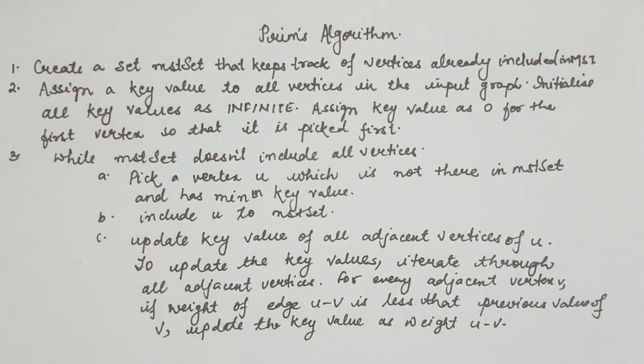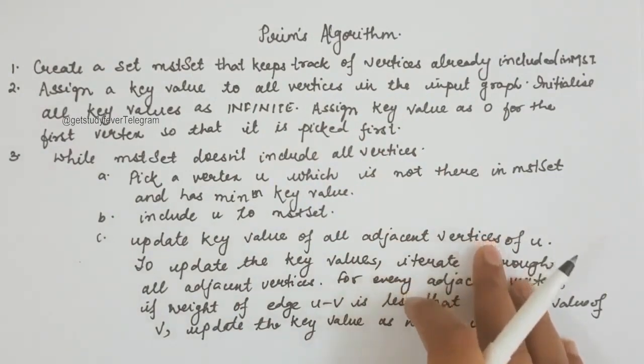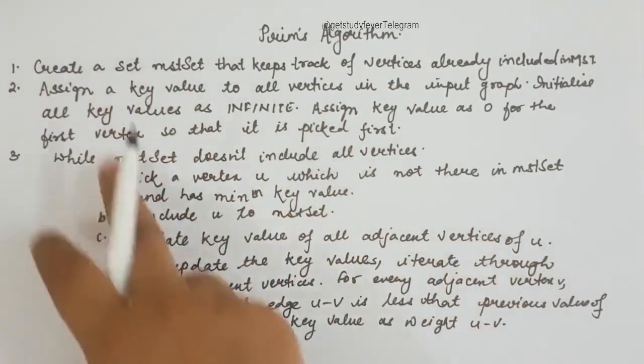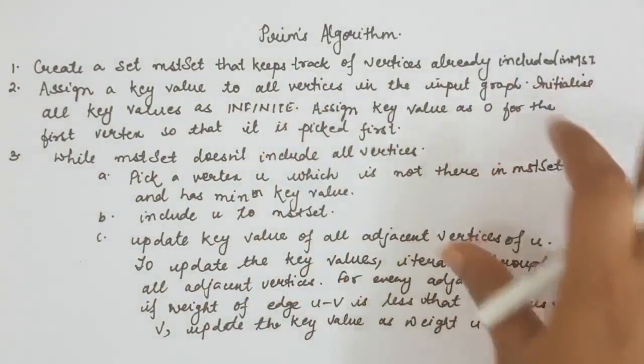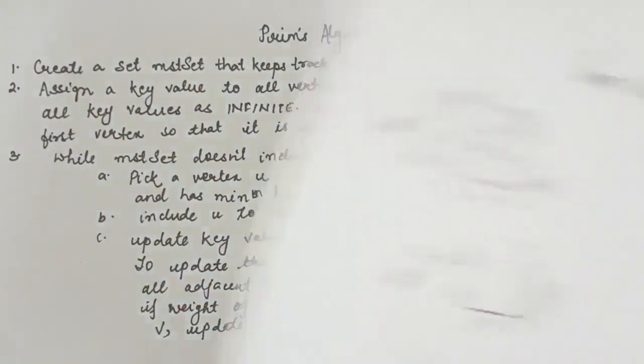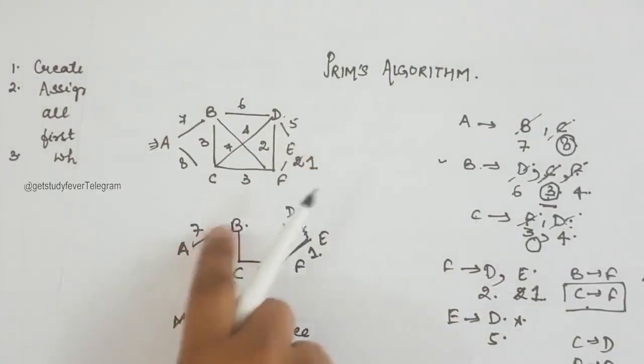We will go through the same graph again to find the minimum spanning tree using these steps, so things will be much clearer to you. The very first thing that we do is create a set, the MST set, that keeps track of vertices already included in the MST. We had seen a graph here, and we were adding vertices one by one.